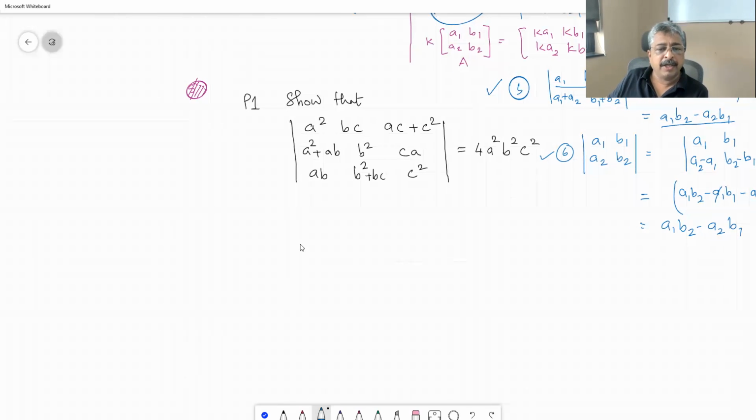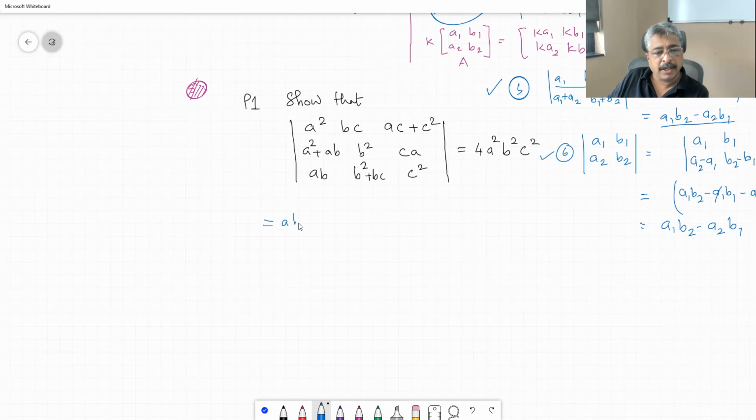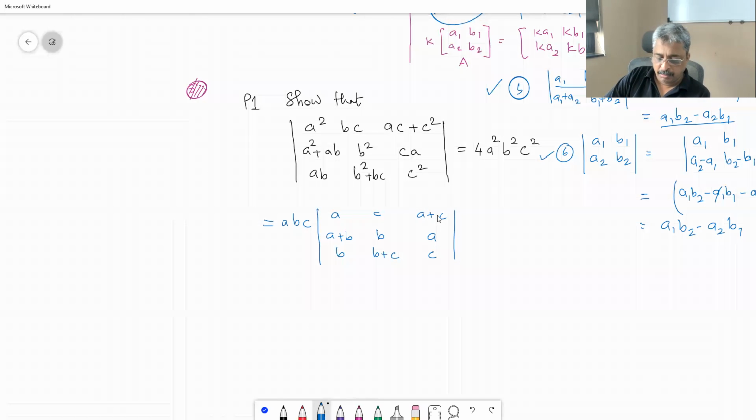Therefore, we can directly take all three of them out, leaving a plus a, b, c; a plus b, b, c; b, b plus c; and taking c common, a plus c, a, c. Now you will observe that if you add these two columns, and then in the next step subtract the third column, the first entry will become 0.